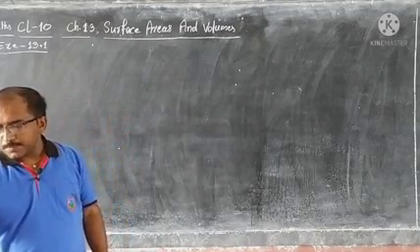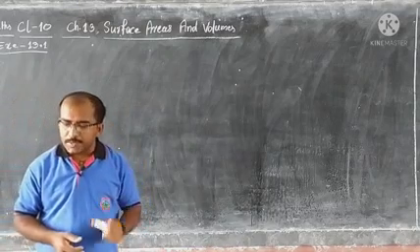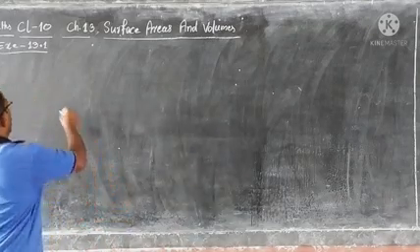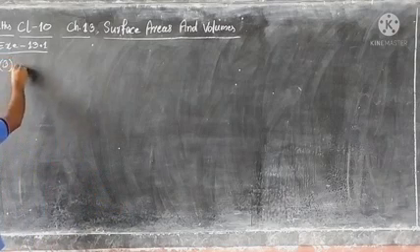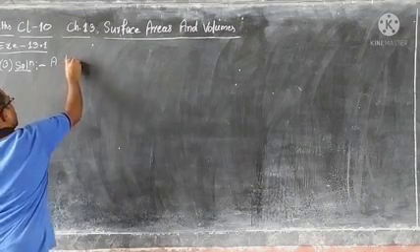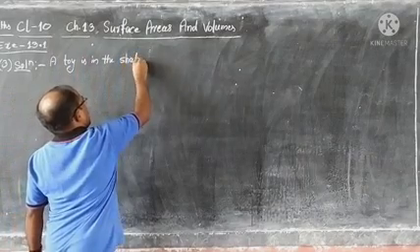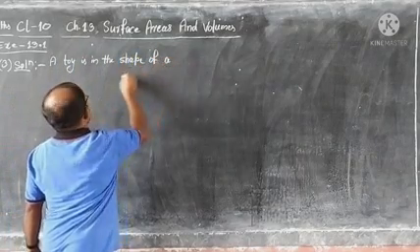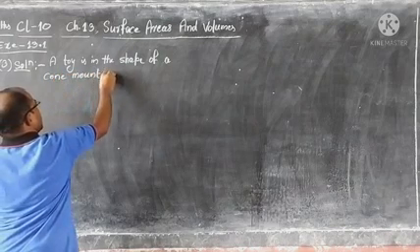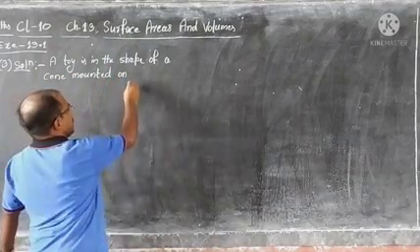The question is: a toy is in the form of a cone of radius 3.5 centimeter mounted on a hemisphere of the same radius.